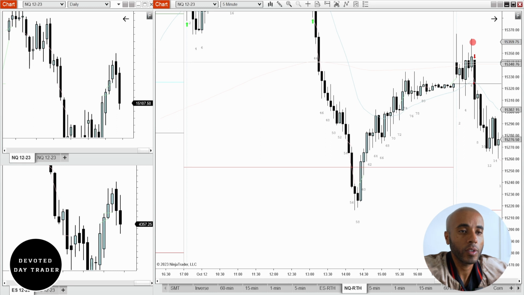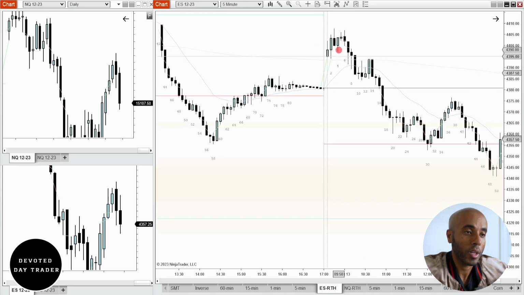This is a divergence, or an SMT, smart money tools or smart money technique, which is a divergence. And usually both NQ and ES trade in unison. They mirror one another. So whenever there is a divergence, there is a high probability that there is going to be a change in character.